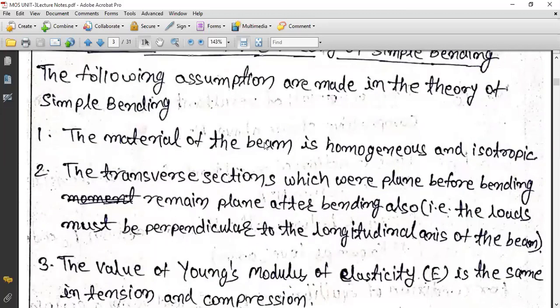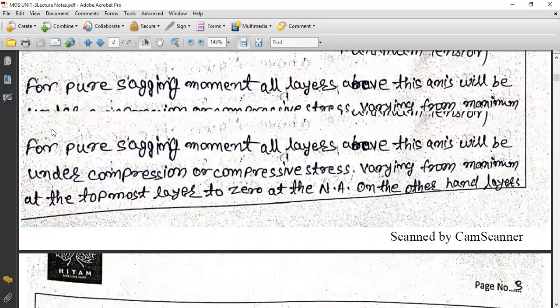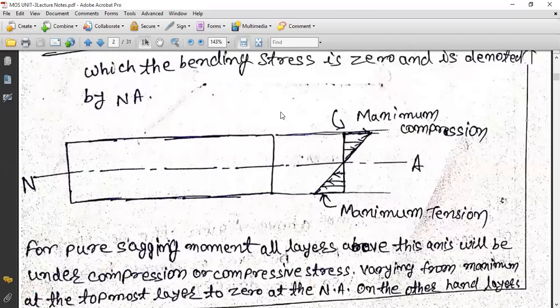The material of the beam is homogeneous and isotropic. Next, the transverse section which was plane before bending remains plane after bending also. If you see this component, it is bent in this direction.